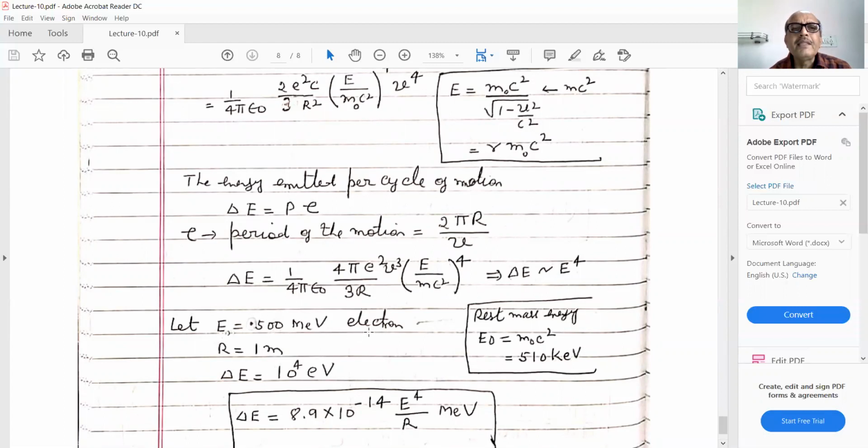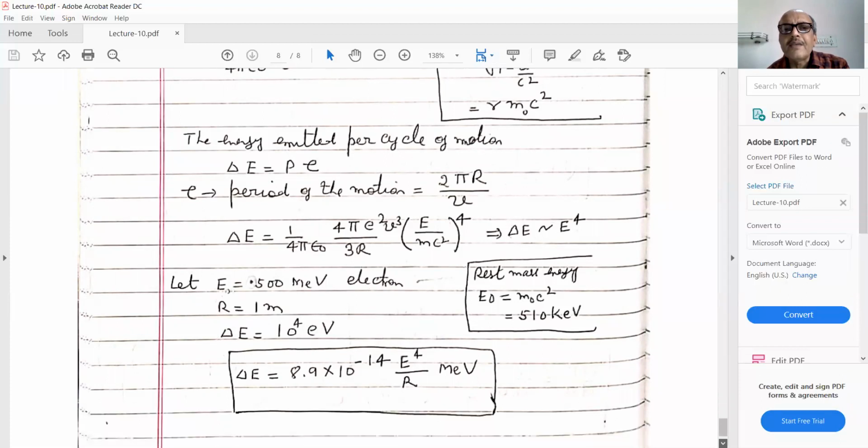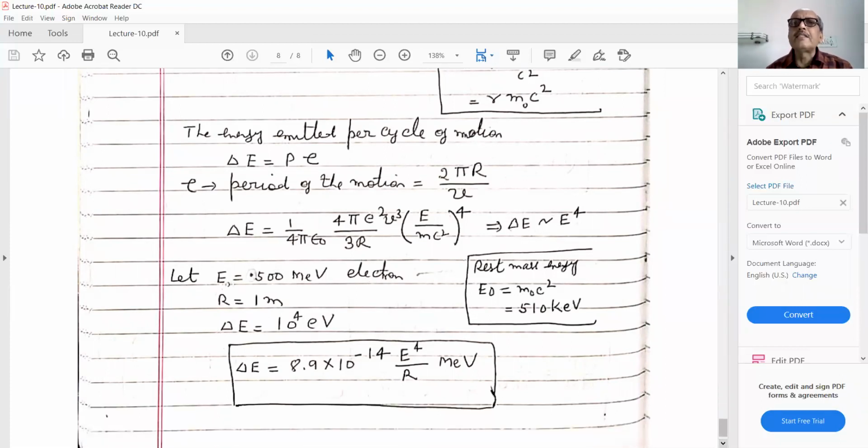So depending upon the energy of the electron and the radius of its movement, you can find out the energy emitted per cycle of a motion. So it is the energy and the radius that put a restriction on the value of delta E. By making these calculations for the linear acceleration case and the circular acceleration case, we can calculate which is the more appropriate way to exploit for a particular application.